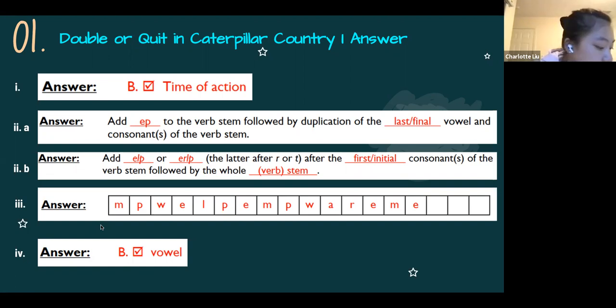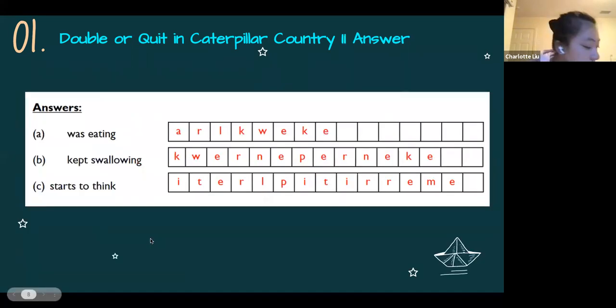And then for 4, it will be vowel. Okay, and then the next part of it, you just have to translate the 3 phrases. So you just find the stem which are given, and then you just add on the correct endings and how to add it.